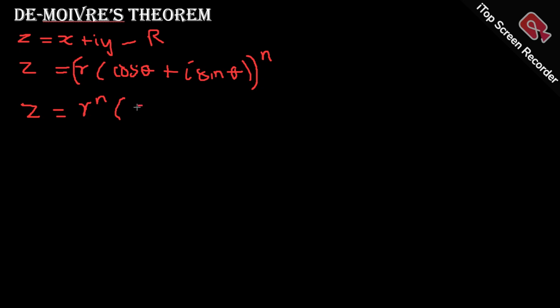And what do you do to the angles? You multiply. So even this angle that we have here, we multiply by the same n. That's all. This is DE-MOIVRE'S theorem. This is what you're supposed to know about it.